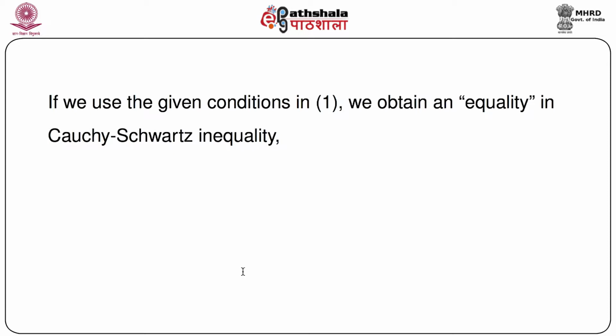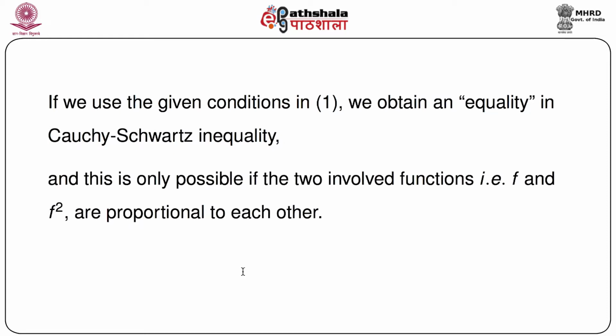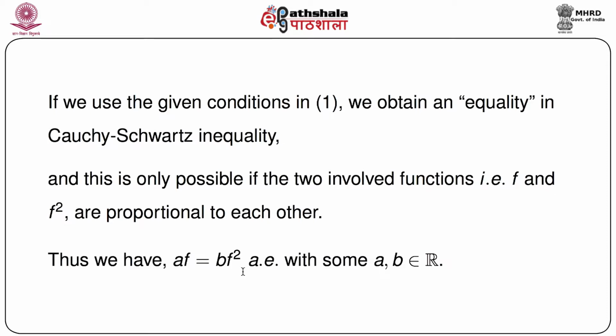If we recall when equality happens in the Cauchy-Schwarz inequality, it is possible only if the two functions involved, in this case f and f squared, are proportional to each other. That is, you can write a times f equals b times f squared almost everywhere, for some a and b belonging to the real line.